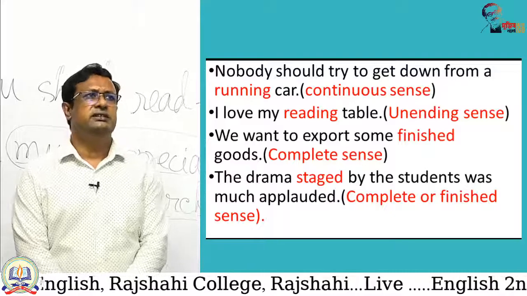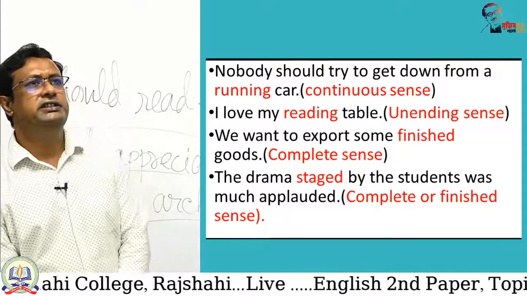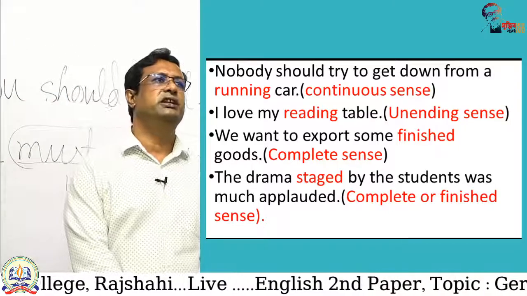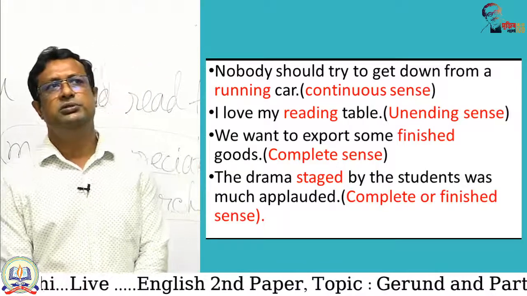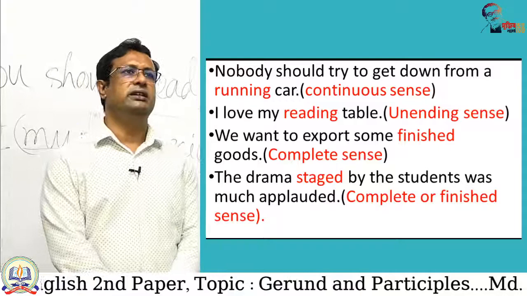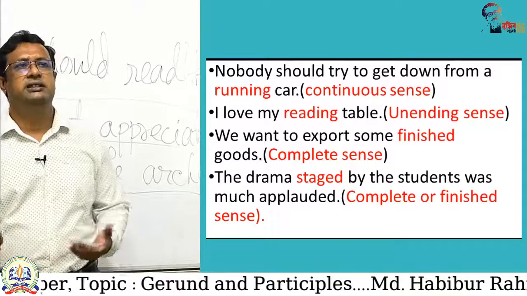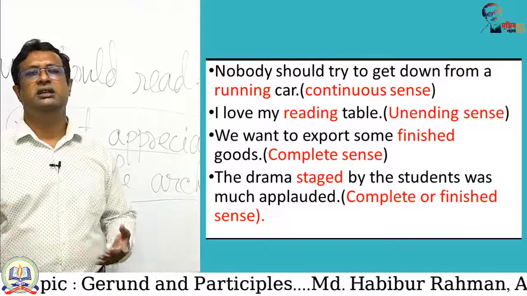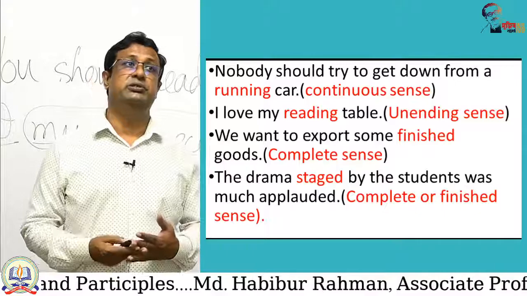Notice some other sentences. The first sentence is, nobody should try to get down from a running car. So, the car is running, and when I say a running car, what type of impression do you get in your mind?